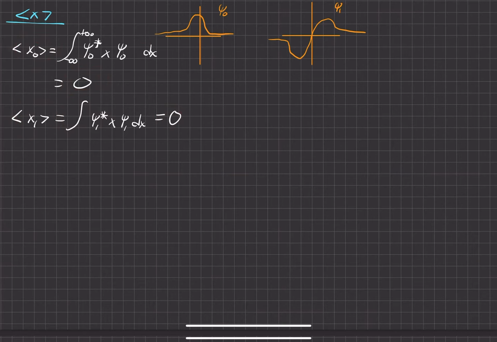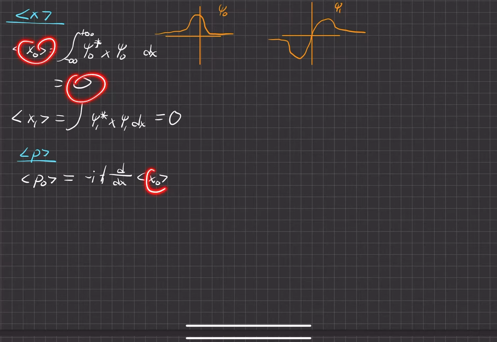That is not the case as we move forward, not necessarily for the momentum expectation value, but for the momentum squared and the position squared. Anyways, whenever we do the momentum expectation value for the ground state, one way that we can think of this is just the momentum operator acting on the expectation value of the position.